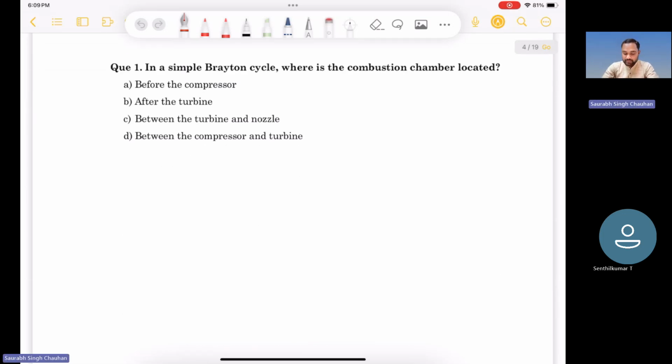Starting with question number 1, it says that in a simple Brayton cycle, where is the combustion chamber located? This is a very simple question. You know what the various components are and the order of components. First of all, there is a compressor.